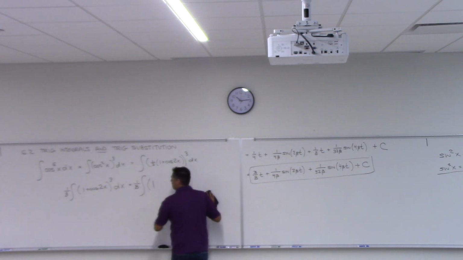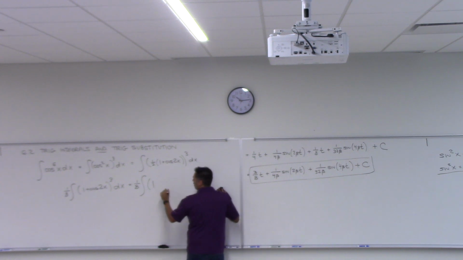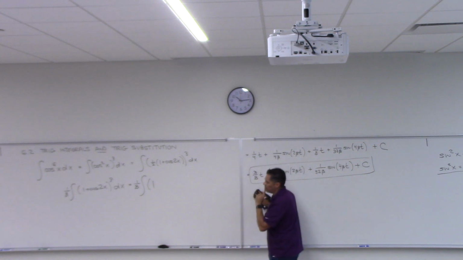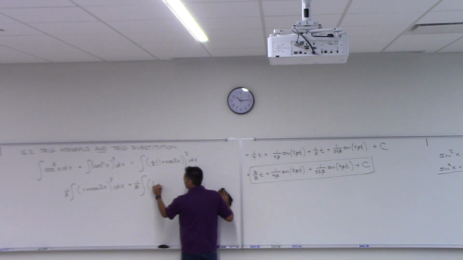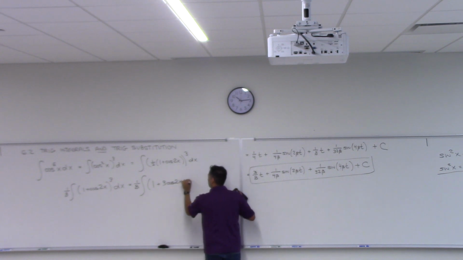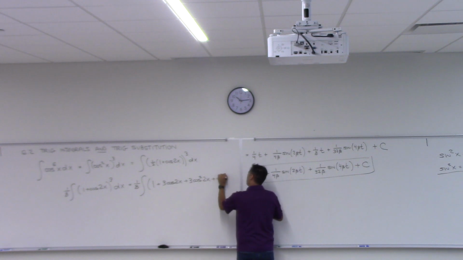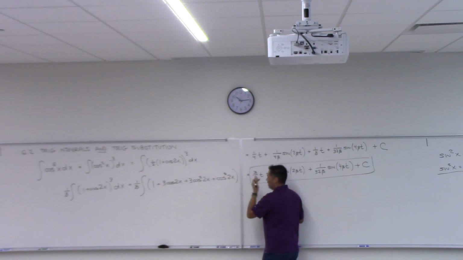Well, you get a 1, and then you get, it should be pluses the whole time, plus 3 cosine of 2x plus 3 cosine squared 2x plus cosine cubed 2x dx.